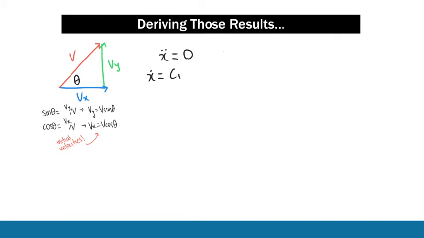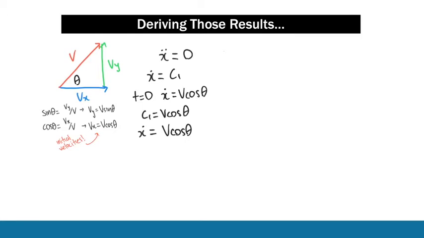So when t is equal to 0, x dot should be equal to v cos theta. Since there's no t in this equation at all, that just means that C1 has to be v cos theta. So x dot is equal to v cos theta.